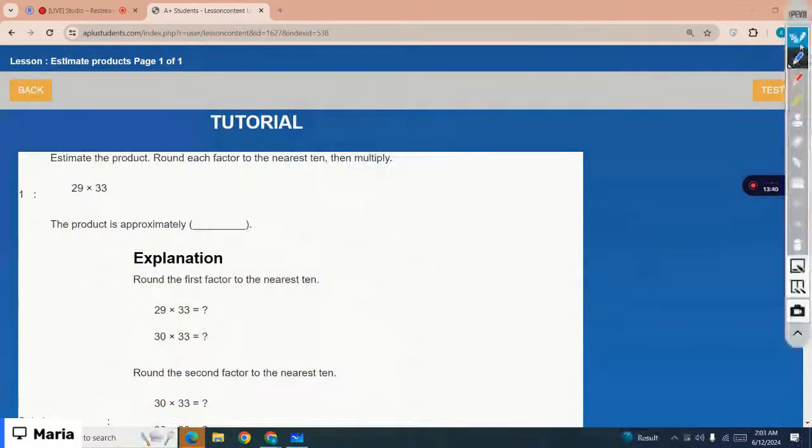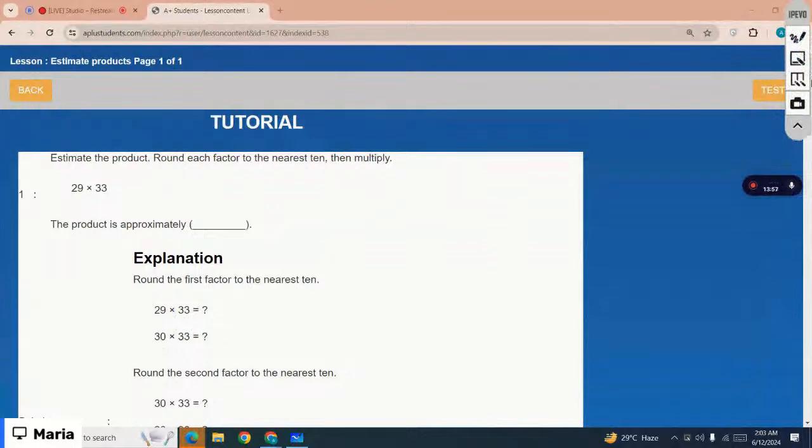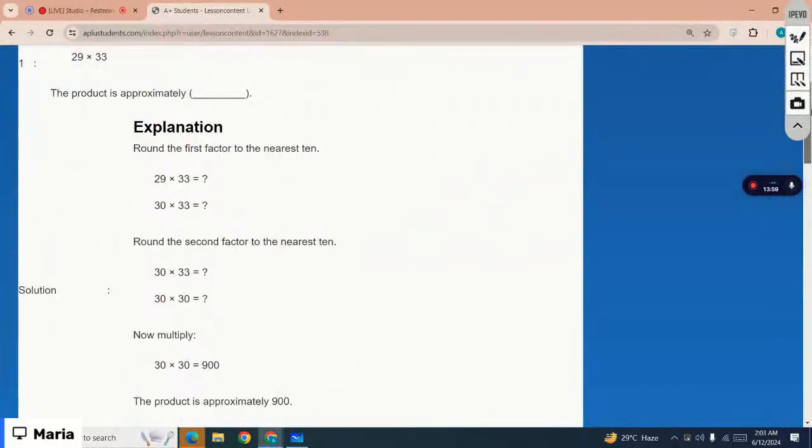Okay, the numbers are 29 times 33. Let's just round off the first number 29. 29 is rounded off to 30, right? Now we have to round off the second number 33, right? So 33 is rounded off to 30.